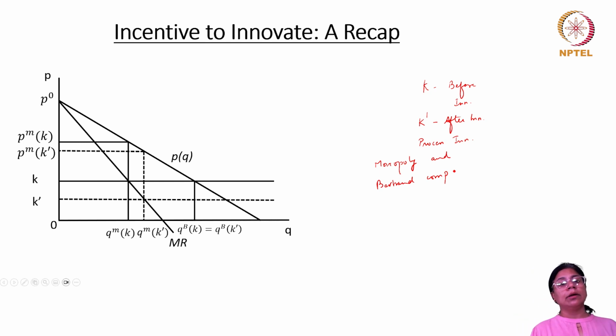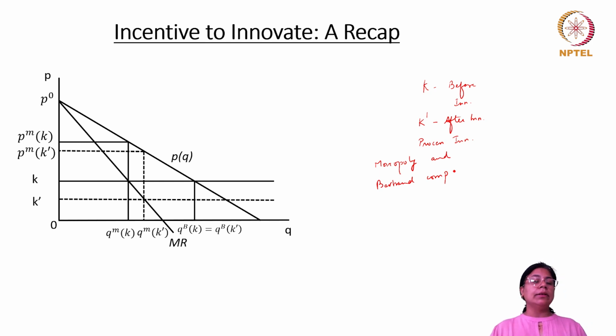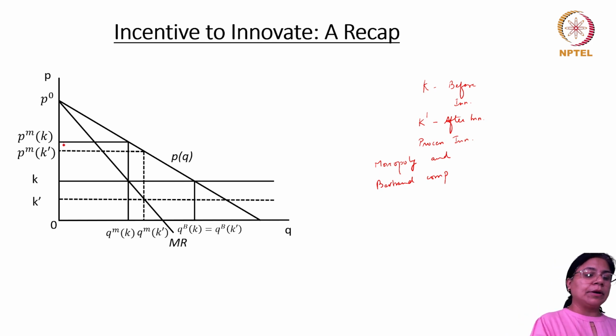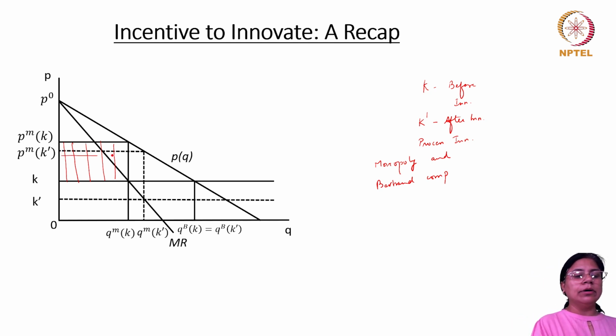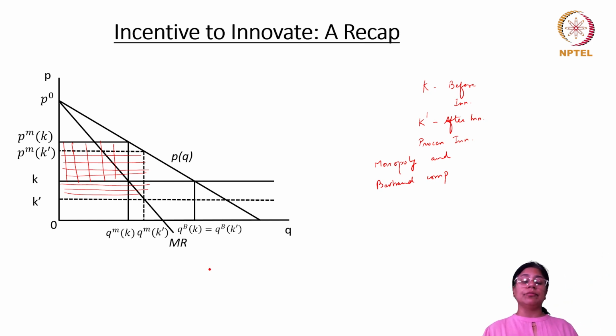There we saw that for a monopolist, when they are making profit after innovating, that profit actually also eats into the profit they were making before the innovation came into the picture. So here, if I look at this particular area where I am making these standing lines, this is the profit which the monopolist was making before the process innovation, and the one with the horizontal lines is that of after the innovation.